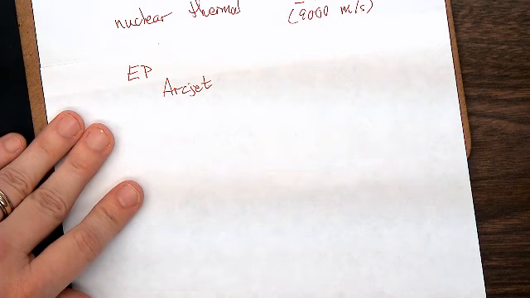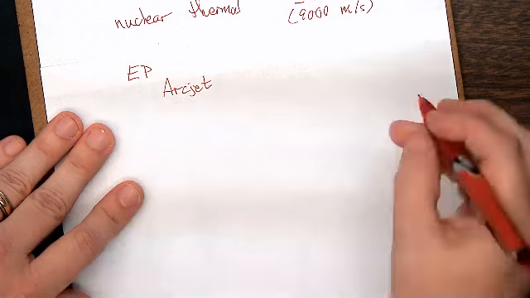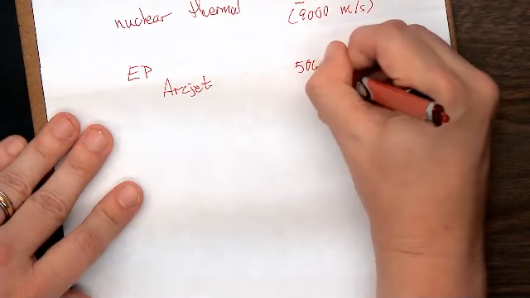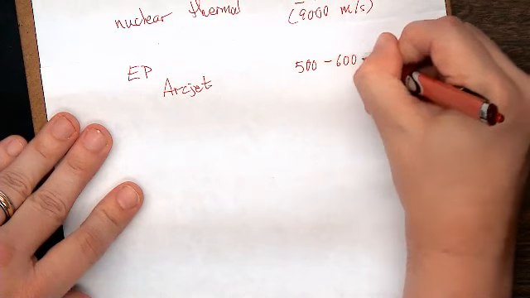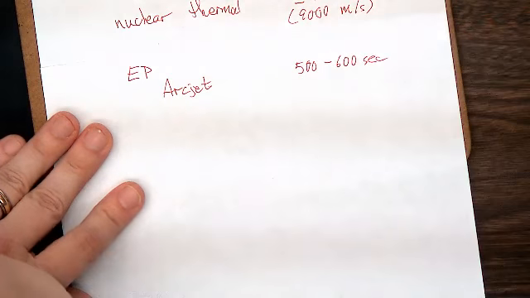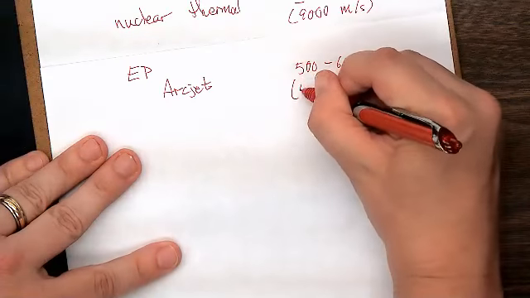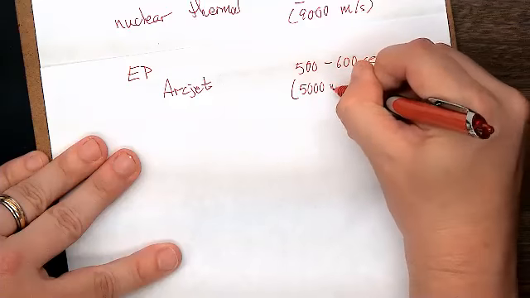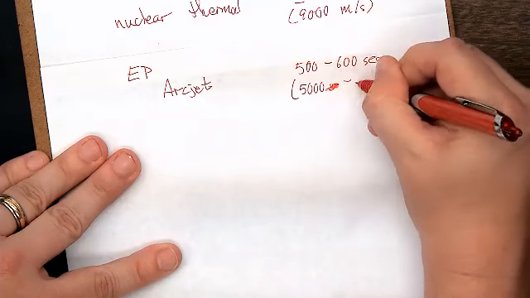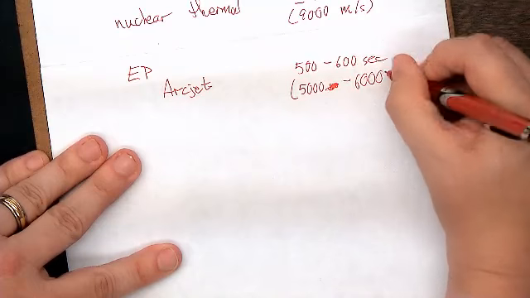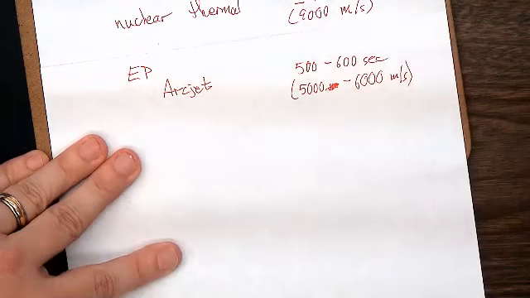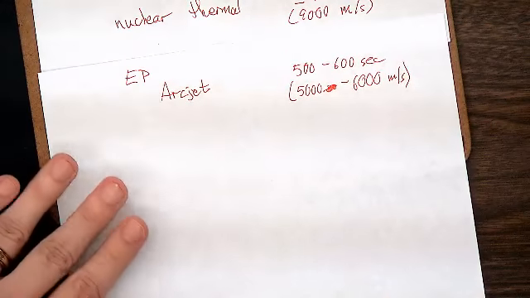Ones that are typically in use are 500 to 600 seconds. You can get higher than that, but there's reasons why people don't, which we'll talk about later. And again, this would be 5,000 to 6,000 meters per second exit velocity.